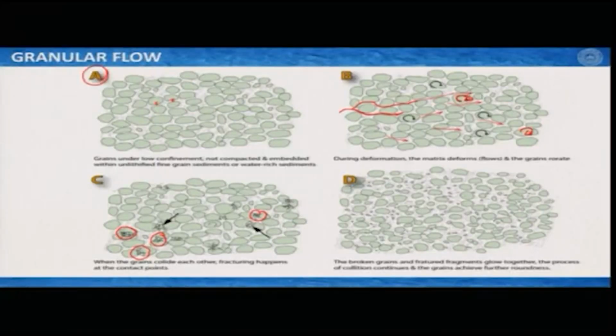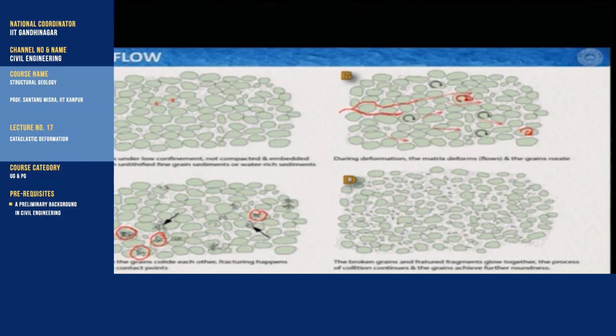These little tiny grains also contribute to the matrix, and therefore overall grain size reduces and the flow continues. The grains collide again, grain size reduces further, and so on. This is the mechanism of granular flow that we have learned.